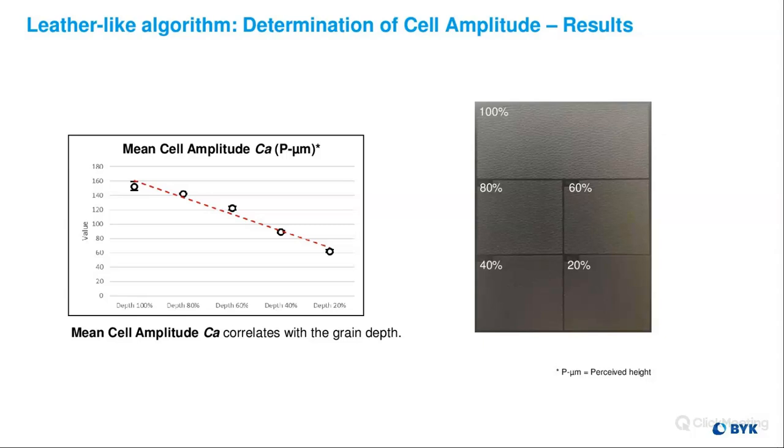Because it's a lighter color, it's not going to give that much contrast, and it's going to look a lot shallower versus the black sample, even though they have the exact same grain depth in reality. And so it's important to know that when we measure here, we're measuring in perceived height.